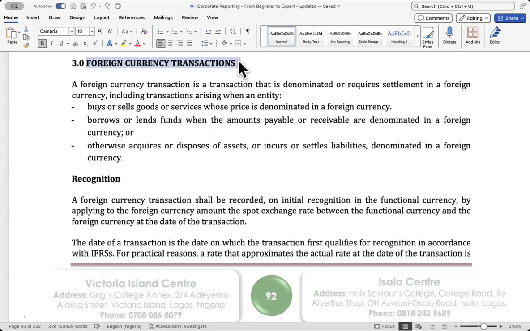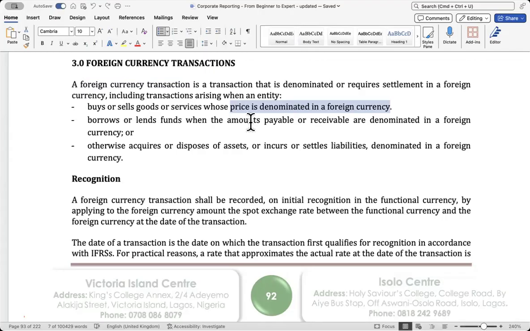But I'm going to focus more on when you consummate transactions in foreign currency, which are transactions that are denominated or that you have to settle in foreign currency, like you bought goods and those prices are denominated in foreign currency. Or you borrow or lend somebody money, and that money is payable or receivable in foreign currency.